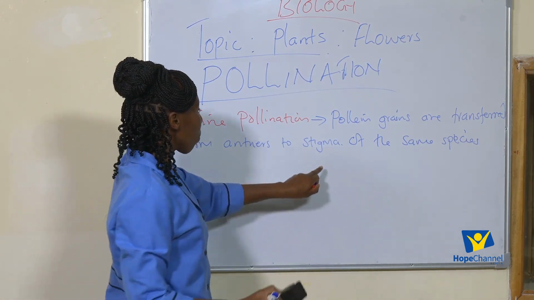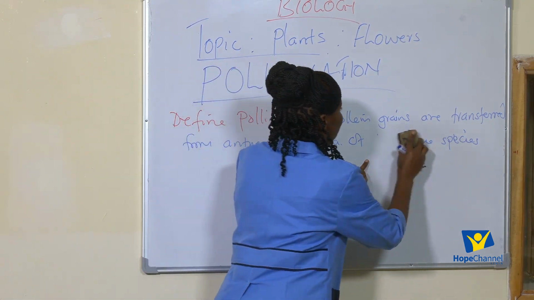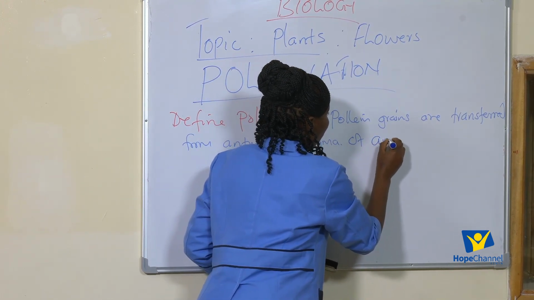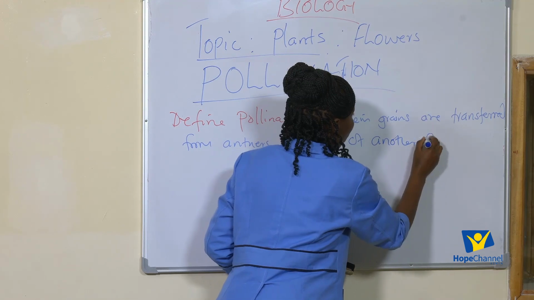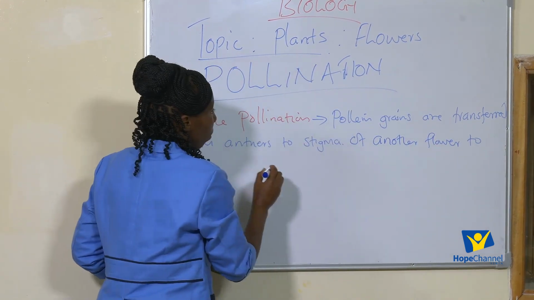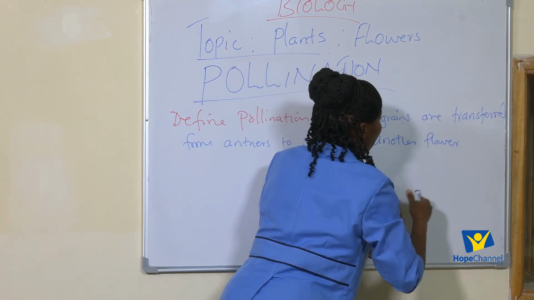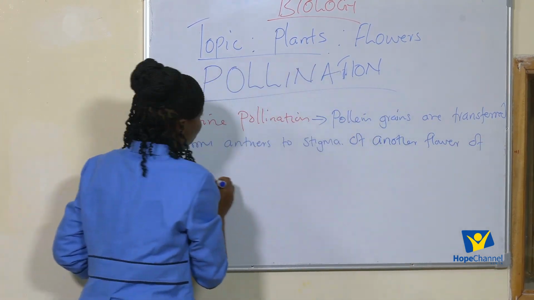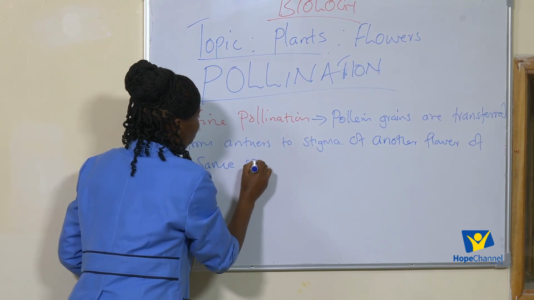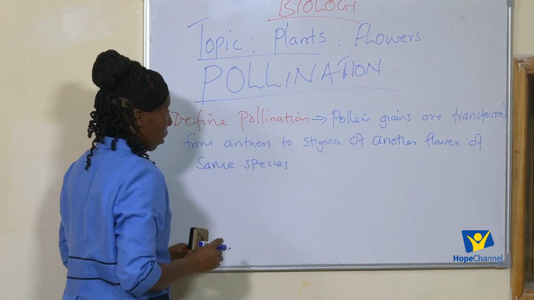So we introduce pollen to the stigma of another flower of the same species.